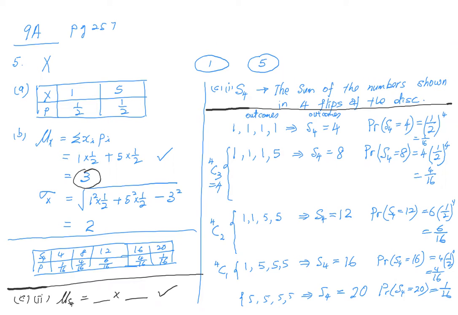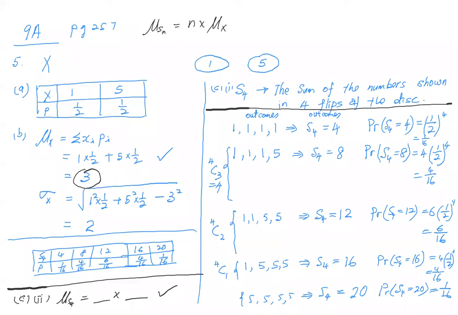Okay, may I know in this case what is the n? Because we are going to use this formula: n times the mean for the population. So what is the n in this case, Kydrick? 4.